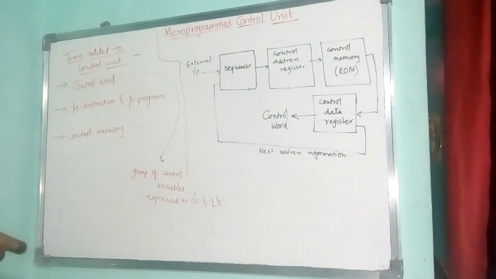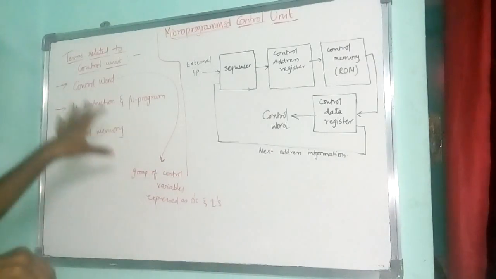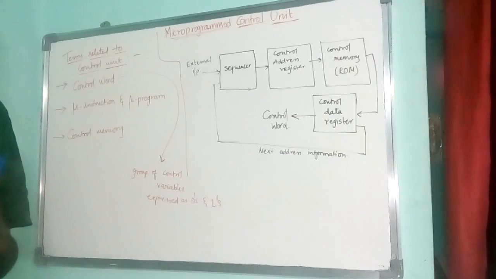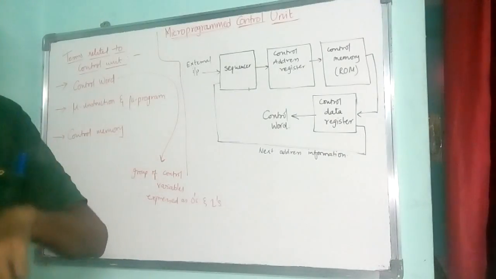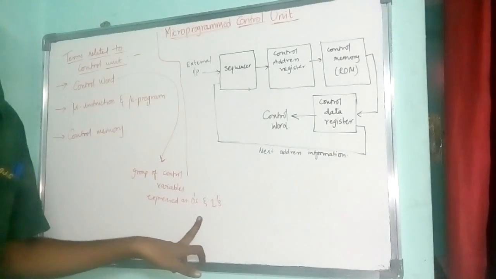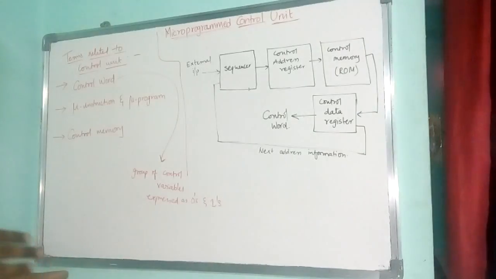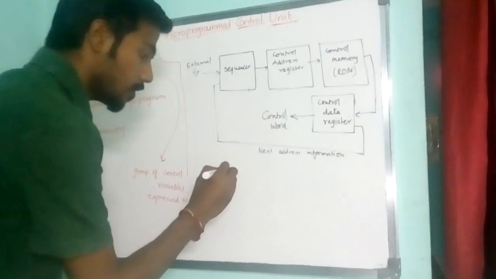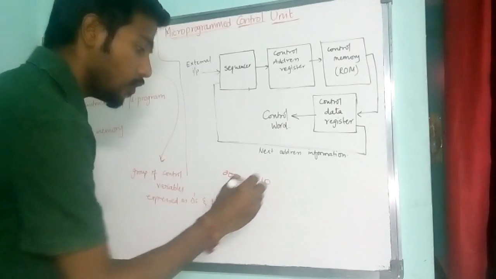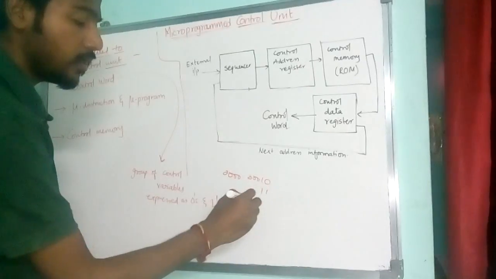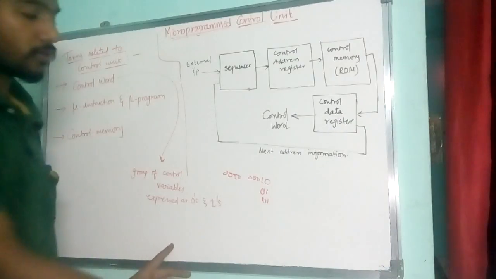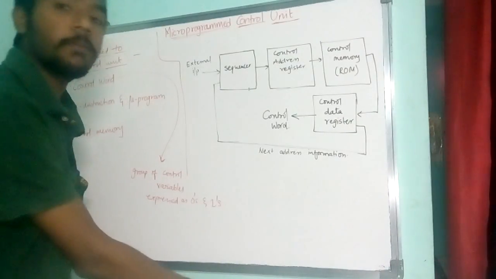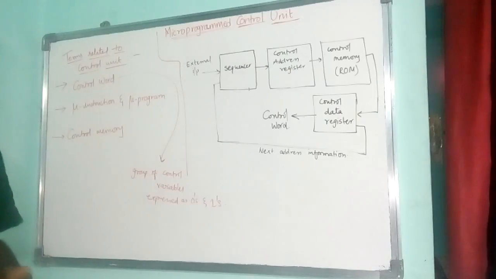If I give this control word for a micro instruction to be executed, the next micro instruction will have the following control word after this. Suppose my control word is 0 0 0 0 0 1 0, then the next might be 1 1 or 0 1 1 or 0 1. Based upon that, with one control word register I can operate many operations using a single control word.